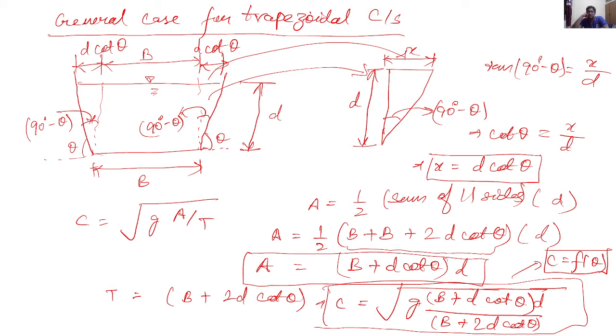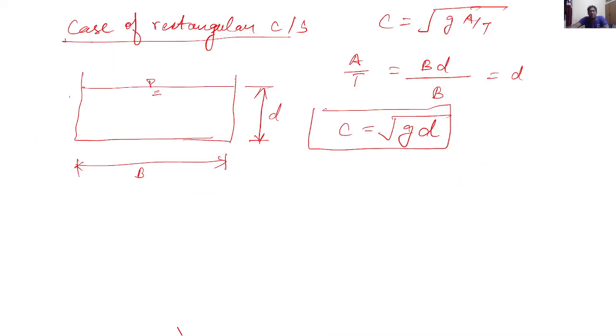So C is a function of theta, because the cot theta term does not get cancelled. Then we took a very simple expression for finding the celerity for a rectangular cross section, that is, square root of g d.